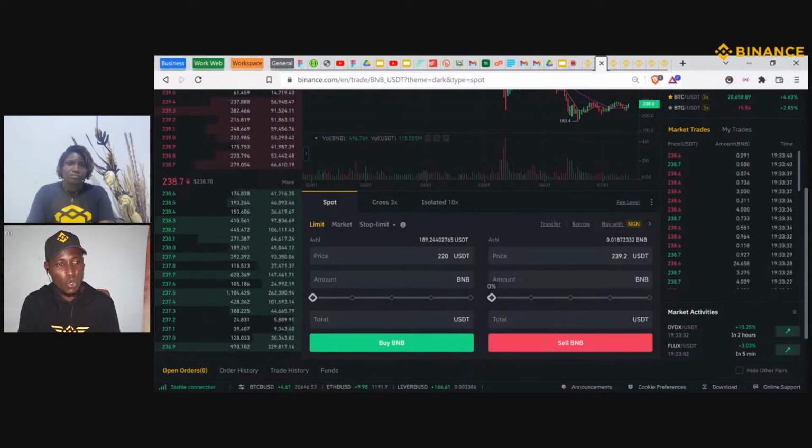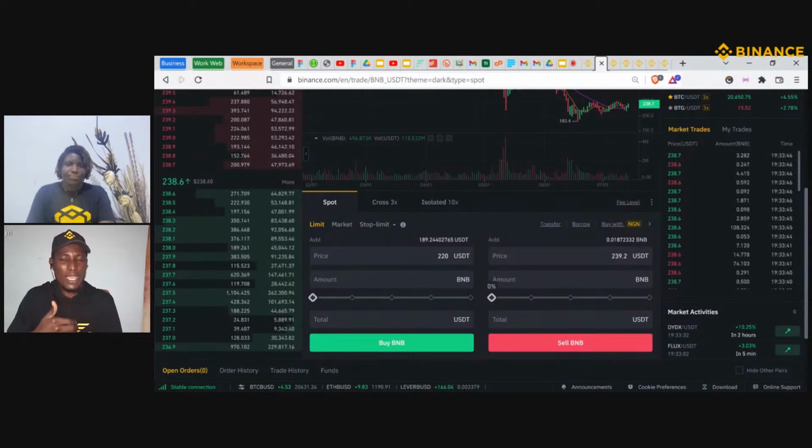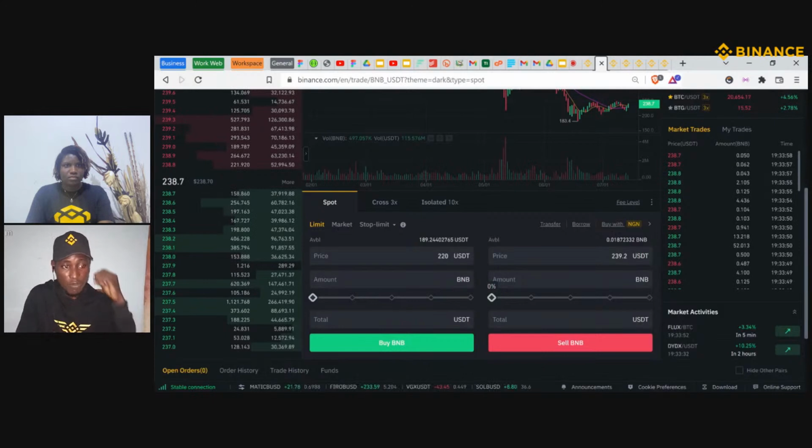You're joining a queue of other buyers or other sellers that have already placed their orders. Every order before your order has to be filled before your order gets filled. So you have to take note of that. It's not as if when you place an order, it immediately gets filled. If it gets filled immediately, that means every order before you has already been filled. So that's just about it when you're buying.